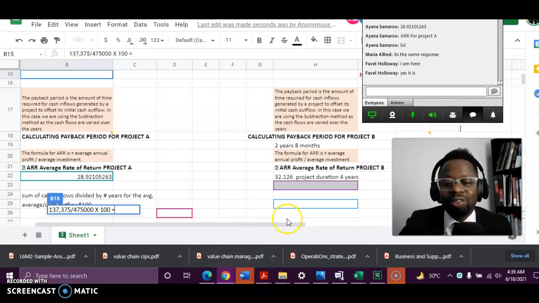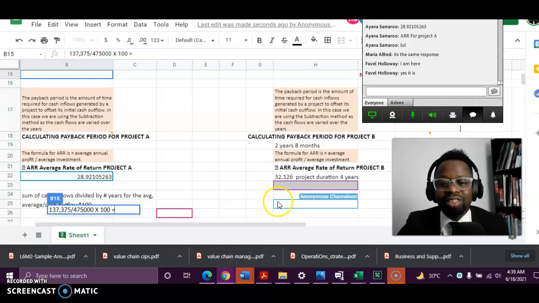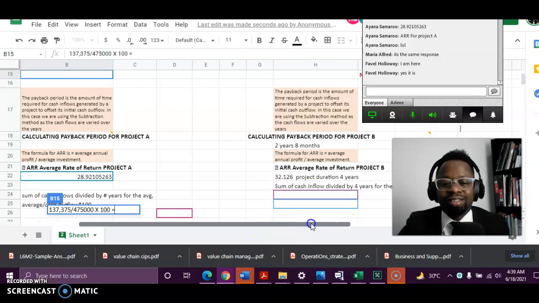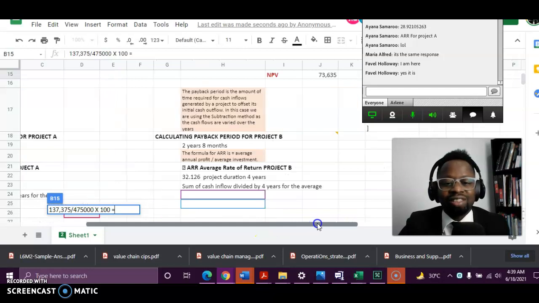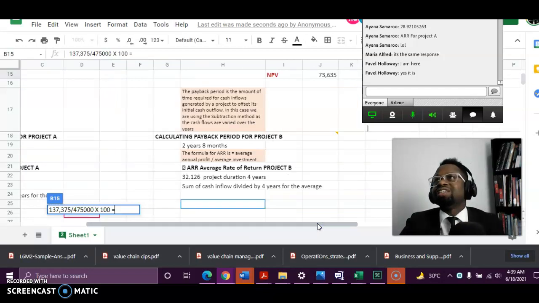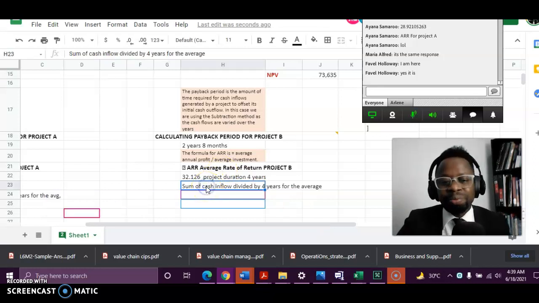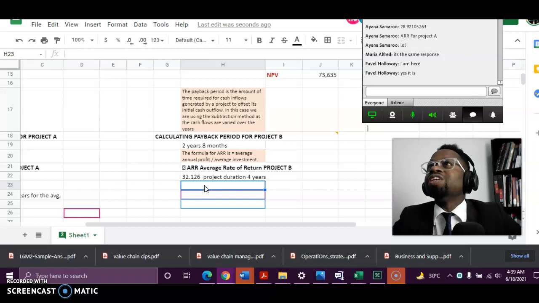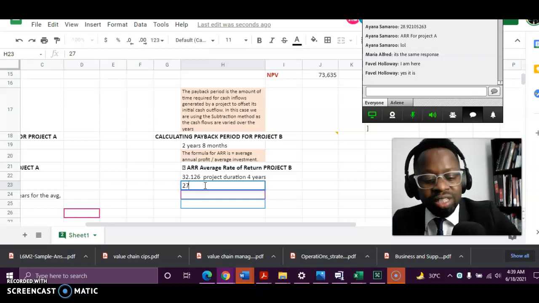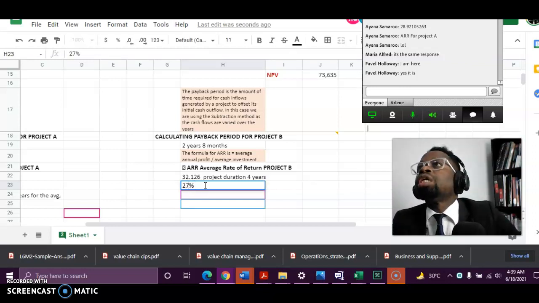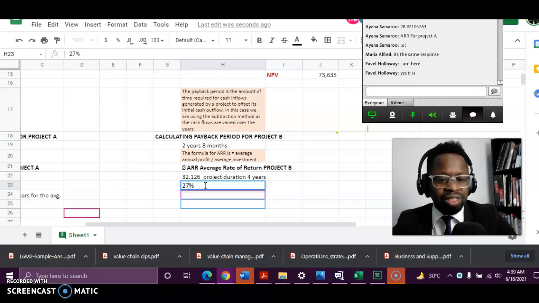Let me do it quickly. Hold on. Wait. That's a long note. No, not 4. It should be 5. I'll type it. Hold on. 27%. I'm just doing it similar to what Max did.